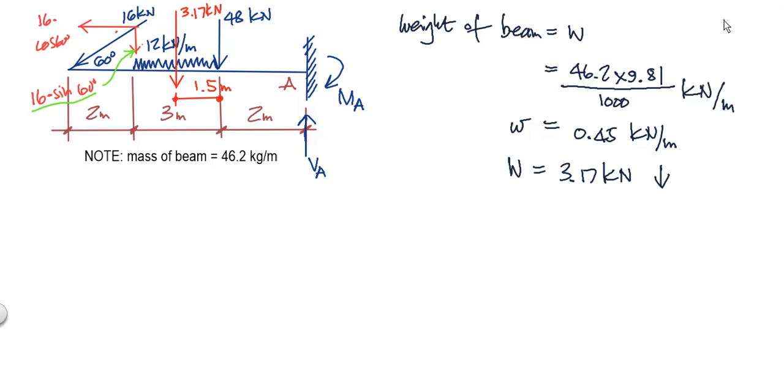Let's take moments. So I'm going to take the moments first. So the sum of the moments about A is equal to 0. Moment at A is positive, so it's going to be plus. Notice there, all the loads on the beam will be anti-clockwise with respect to point A, so it's minus.